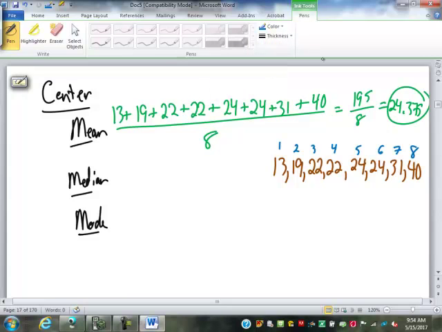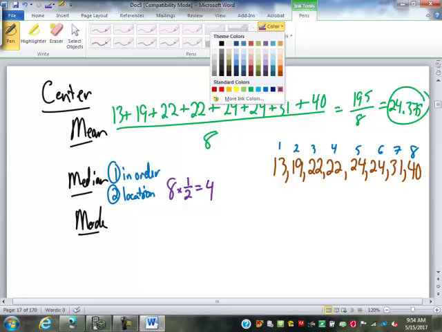How do we find the median? Well, the first step I've already done, put them in order. What's the second step? Find the location, right? And to do that, we do n, which is going to be what here? 8, here's 8 numbers, times 1/2 or 0.5, either way, is going to give me 4.